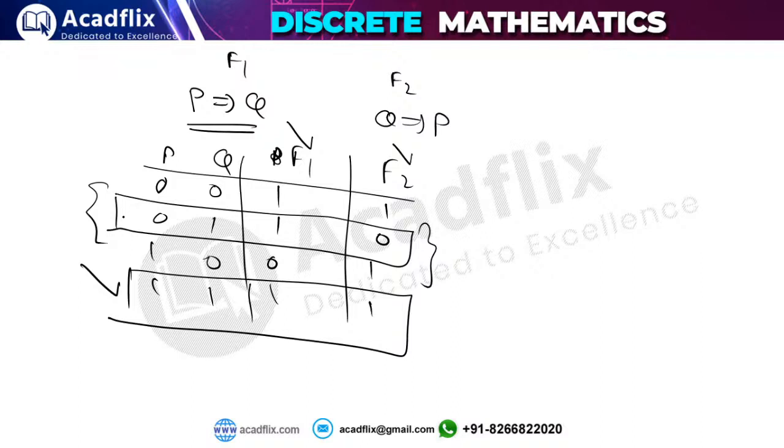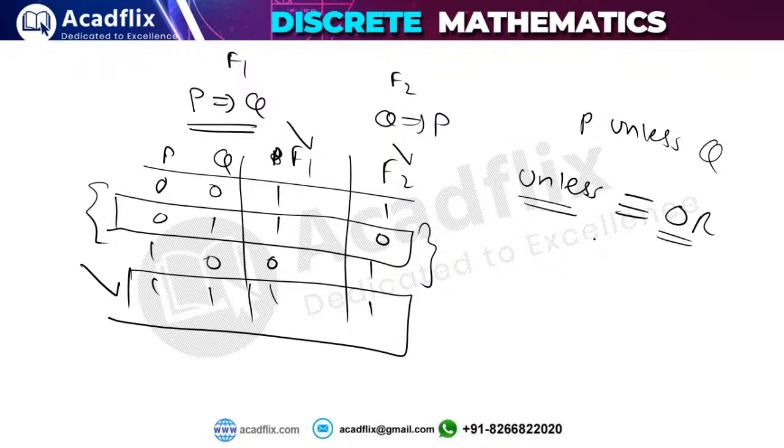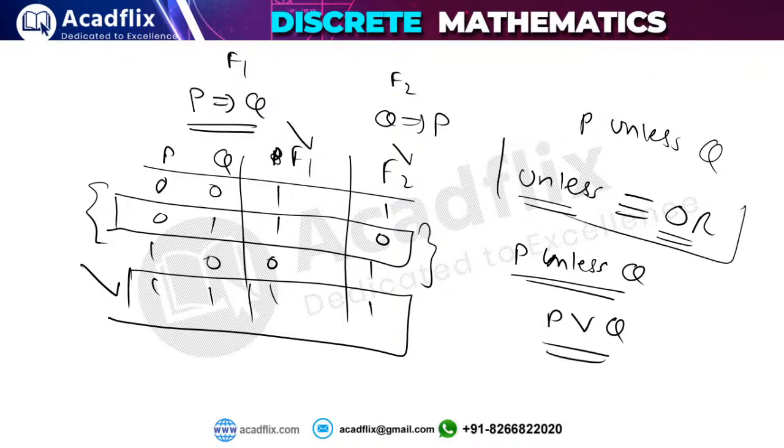Okay, now someone is asking about P unless Q. Let me write it, P unless Q. Remember, in our mathematical logic, this unless has the same meaning as or. So when you write P unless Q, this will mean P or Q. Take this point also: unless means the same as or.